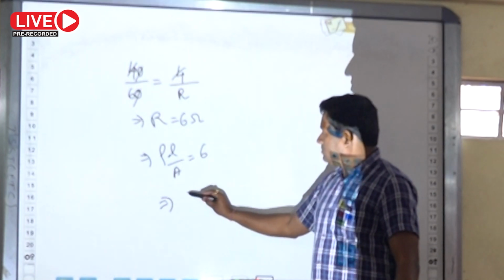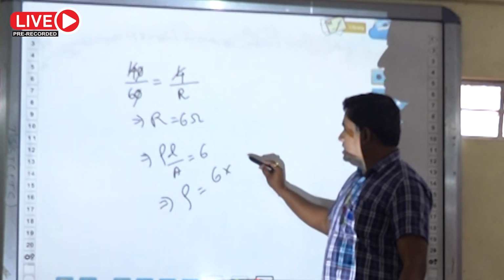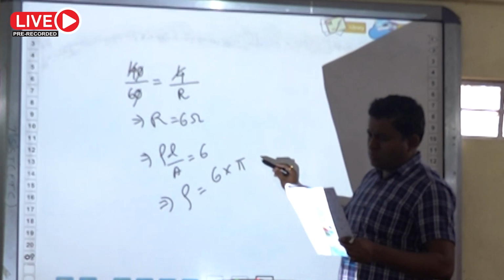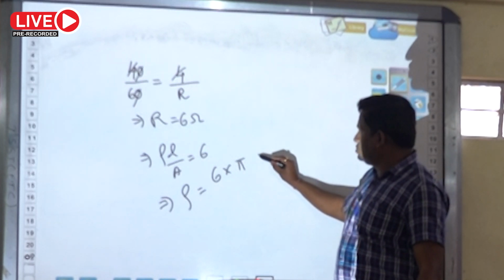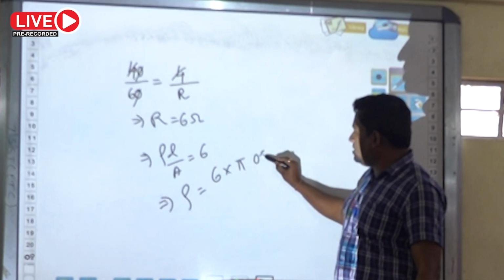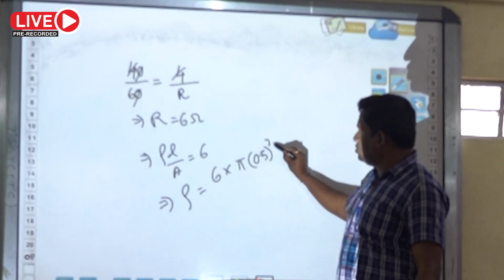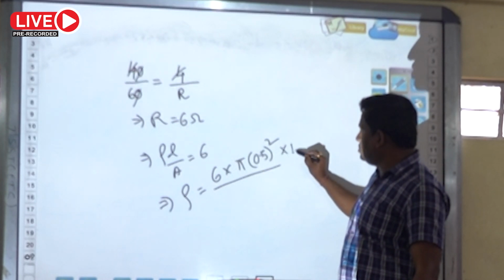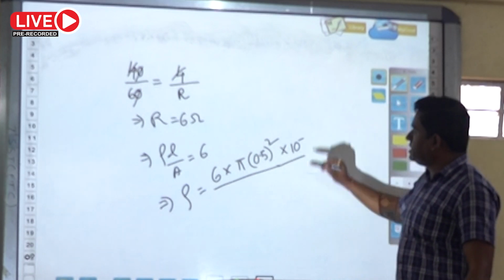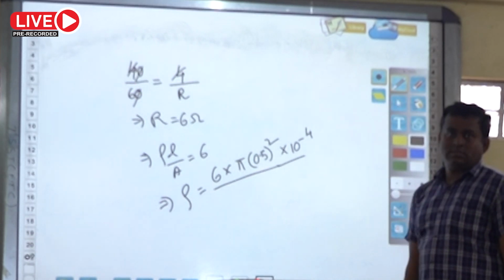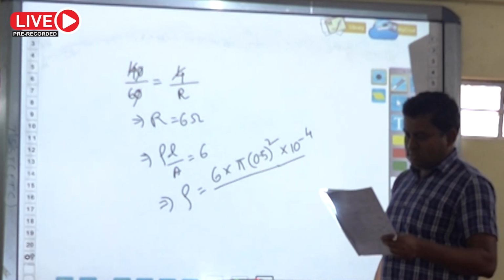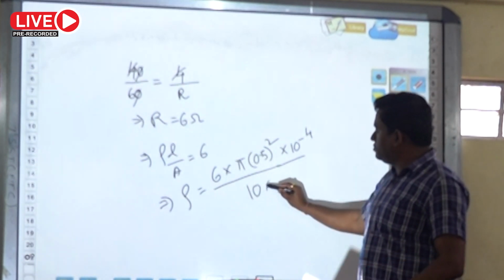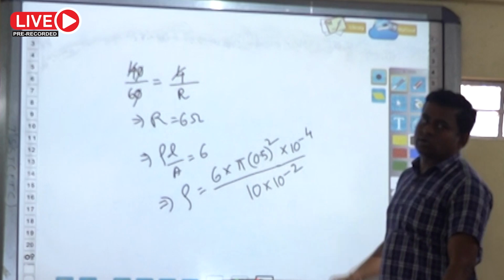So it will be rho equal to 6 into A. A means pi r square, the diameter is given 1 centimeter, so it will be 0.5 whole square into 10 to the power minus 4, converting it to meter square, divided by L. L is given as 10 centimeter, that means 10 into 10 to the power minus 2, converted to meter.